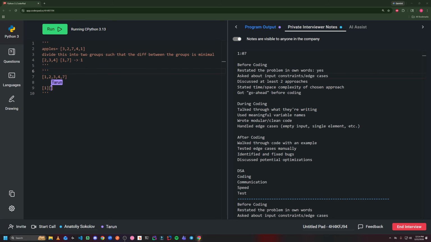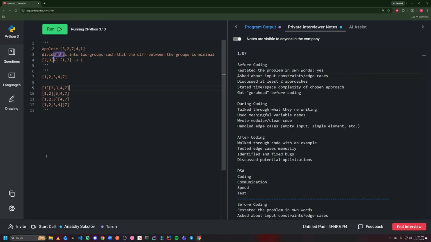I'll consider 1 and 2, 3, 4, 7, as well as 1, 2 and 3, 4, 7, and 1, 2, 3 and 4, 7. But I think this is not going to work, even though I'm following the greedy approach.